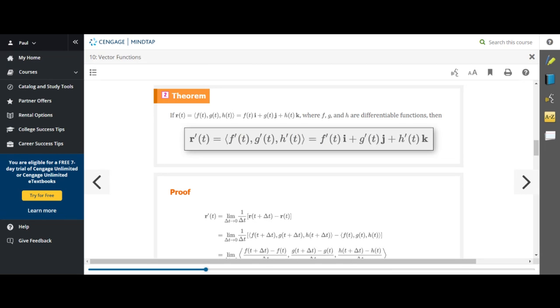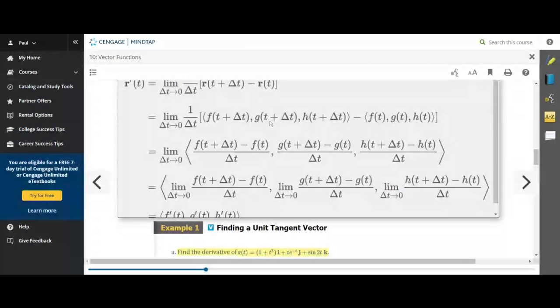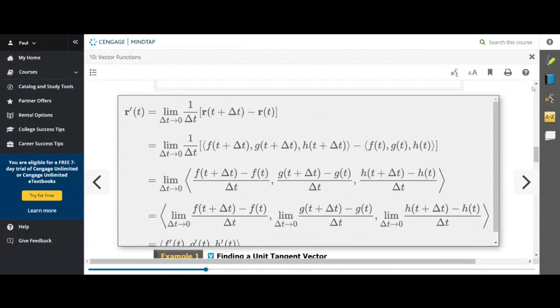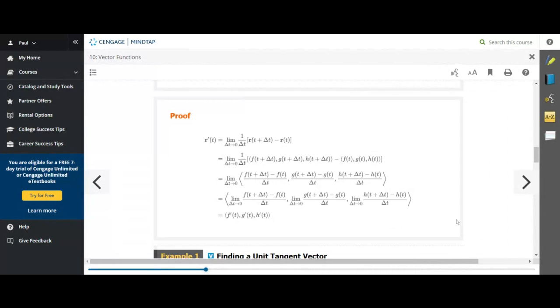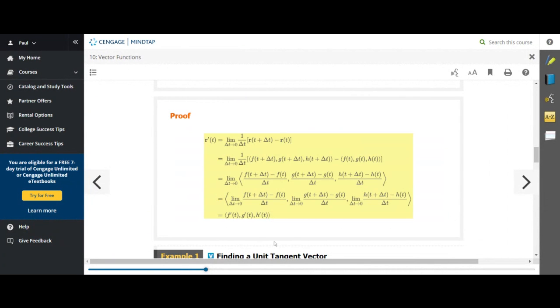So what they do to prove this is use in the proof the other kind of definition for a derivative, similar to what you're seeing in the proof.